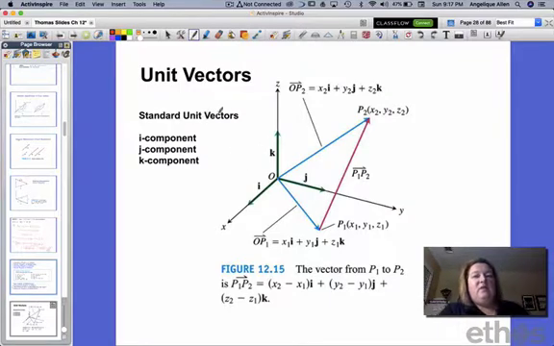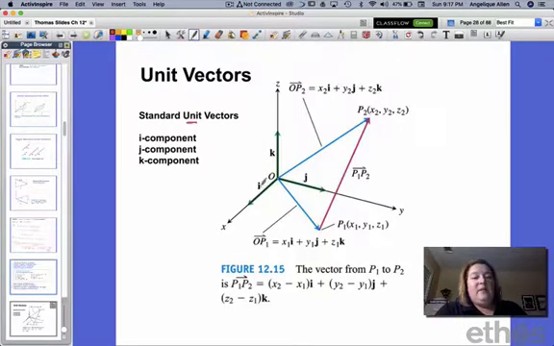I said we would talk about unit vectors, and this is a different way to represent components in a vector. Notice that i and j and k are bold, and down here we have vector i, vector j, and vector k, and vector i is a unit vector. In fact, these are called the standard unit vectors. The meaning of this whole phrase together is that these 3 vectors make up a coordinate graphing space, okay?